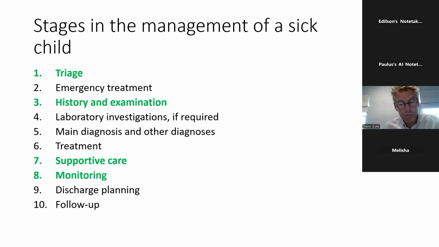And the detection of the deteriorating child can occur at many, many levels. I've just highlighted the main ones in green, where there are opportunities to detect a deteriorating child.